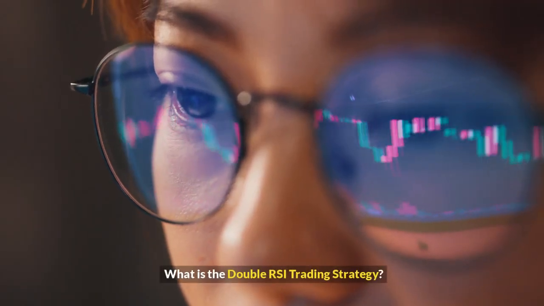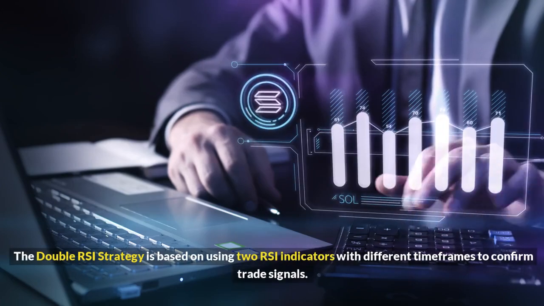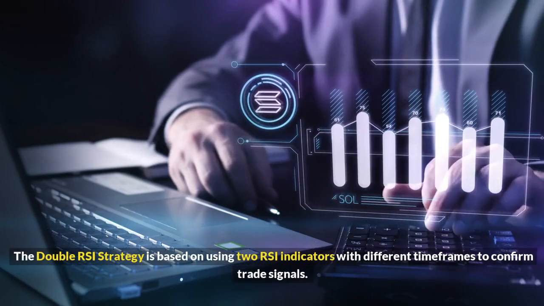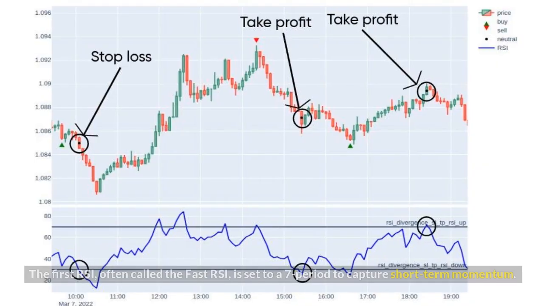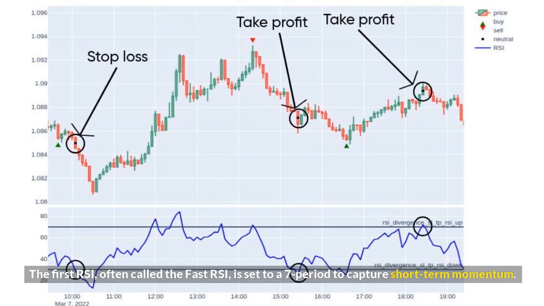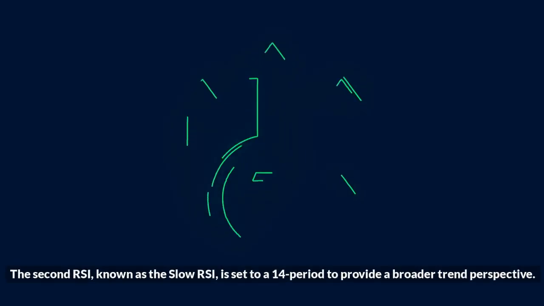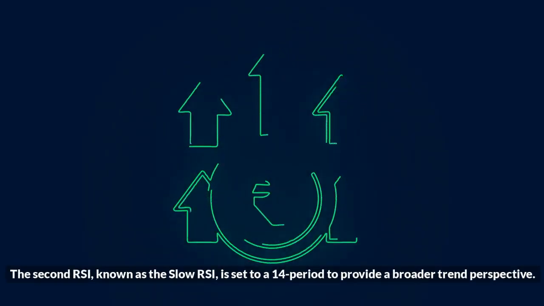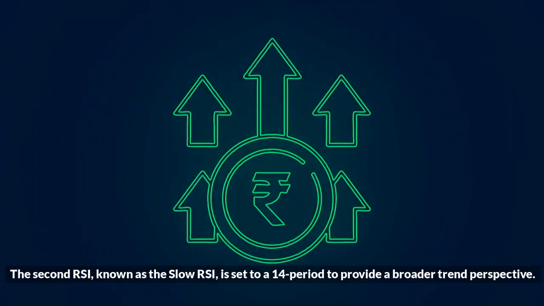What is the Double RSI trading strategy? The Double RSI strategy is based on using two RSI indicators with different timeframes to confirm trade signals. The first RSI, often called the fast RSI, is set to a 7-period to capture short-term momentum. The second RSI, known as the slow RSI, is set to a 14-period to provide a broader trend perspective.